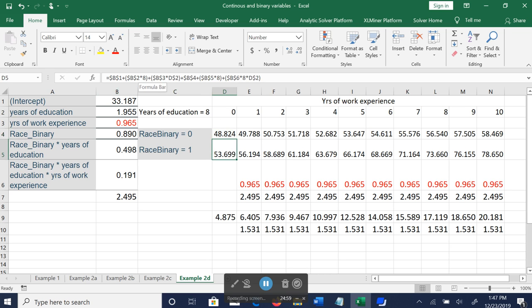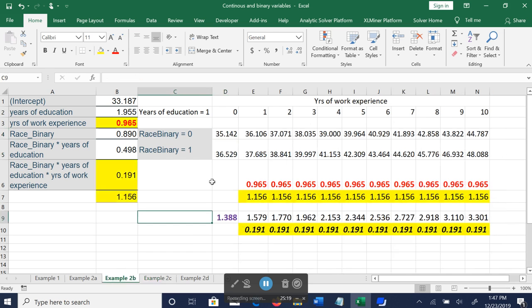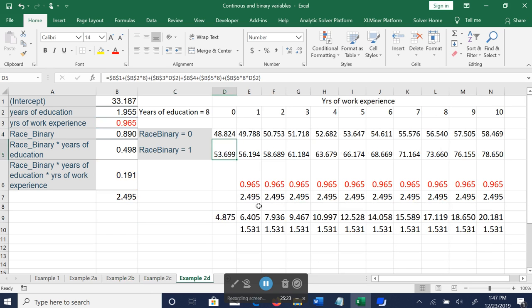We multiply by 8 here. And here we only multiply by 8 once for years of schooling. Here we multiply by 8 several times. The same for here. And this is simpler, right? And we just copy the formulas over.